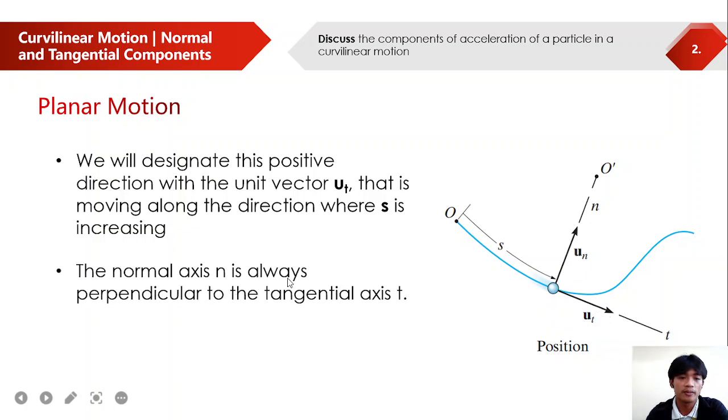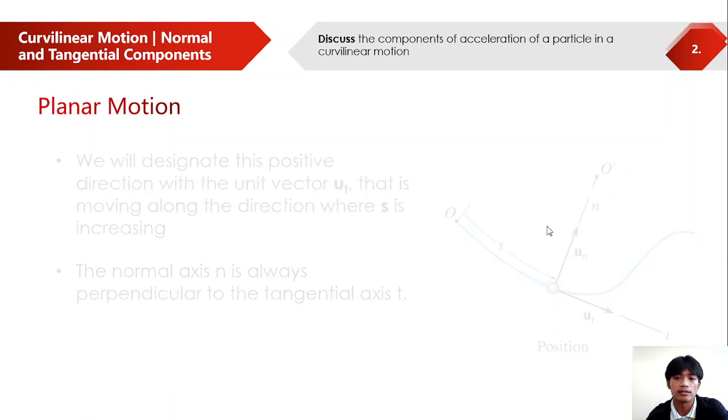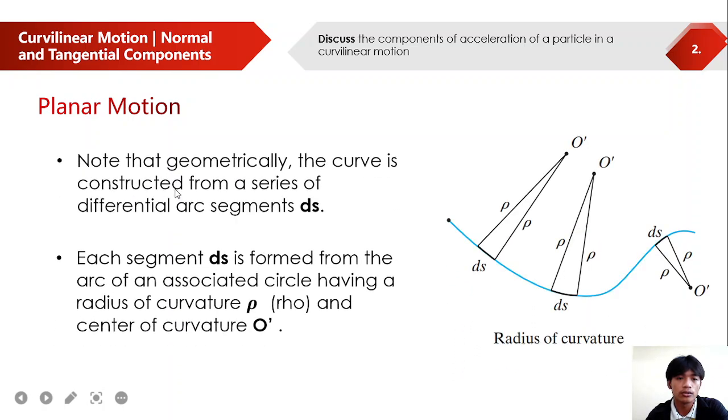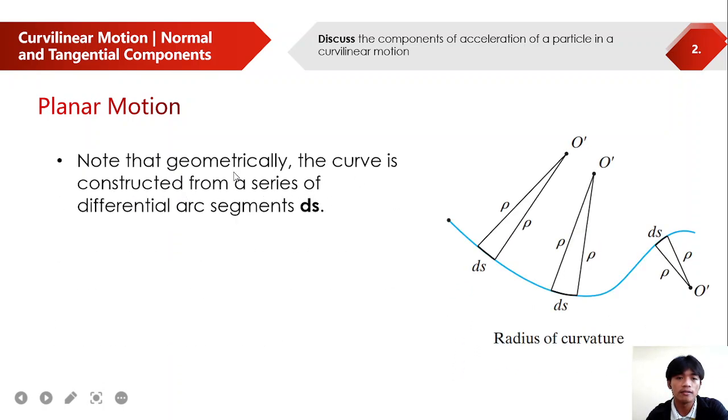Okay? So the normal axis N is always perpendicular to the tangential axis T. So that's your normal axis. So note that geometrically the curve is constructed from a series of differential arc segments ds.